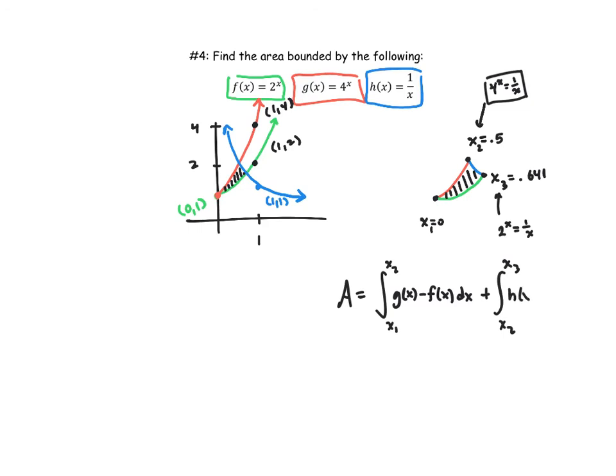So that'd be h of x minus f of x. Okay, so calculation, math 9, all that good stuff. I see an area that comes out to be 0.163.